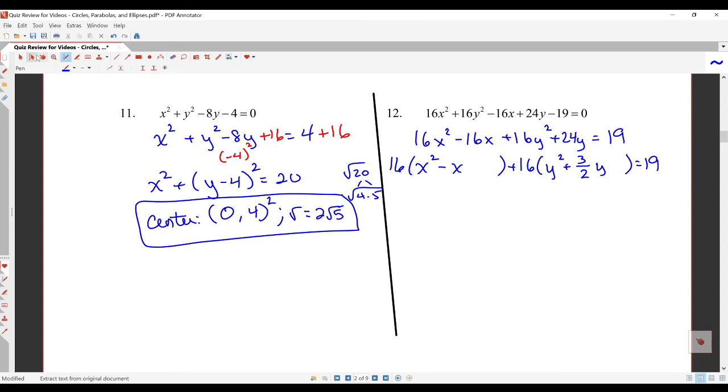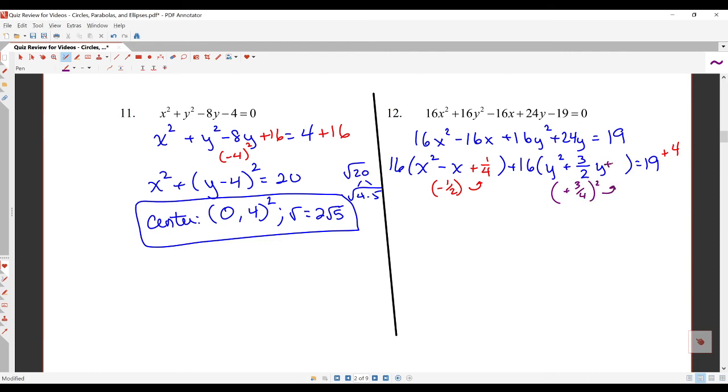equals 19. So here we go. Let's take half of that. That's negative 1/2. It means we add 1/4 inside here. Now what it does to the entire side is it multiplies by 16. So it actually adds 4. So we'll have to add 4 over here. Half of 3/2 is 3/4.